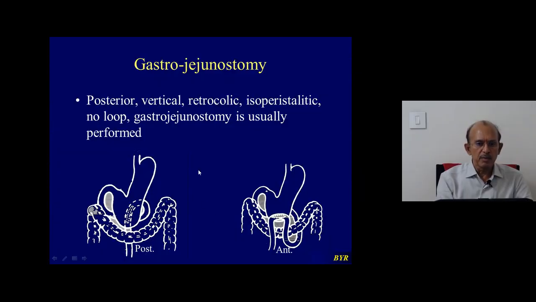Some surgeons do gastrojejunostomy without doing vagotomy. For chronic peptic ulcer, the duodenal ulcer or gastric ulcer, they do gastrojejunostomy alone. Their contention is that you are diverting the acid from the duodenal area to the jejunum, so the ulcer will heal.